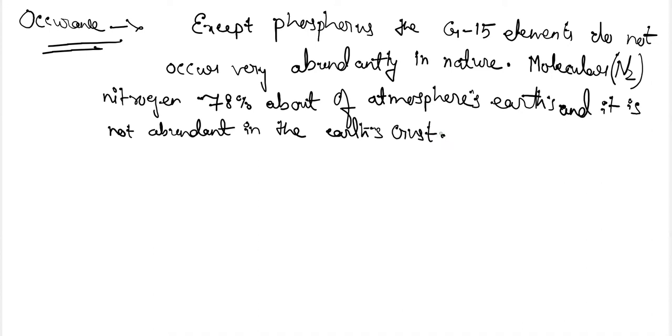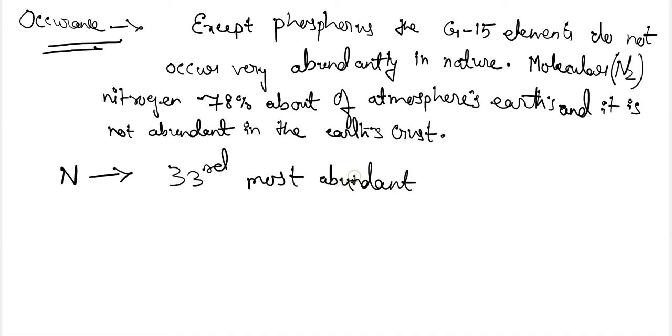Nitrogen is the 33rd most abundant element by mass on the Earth's crust.